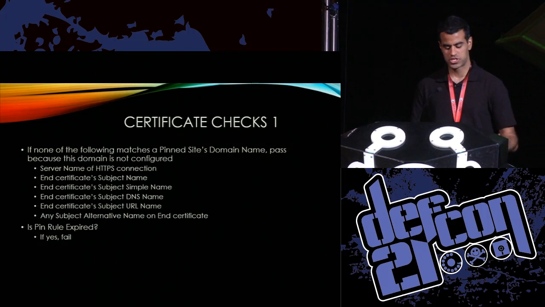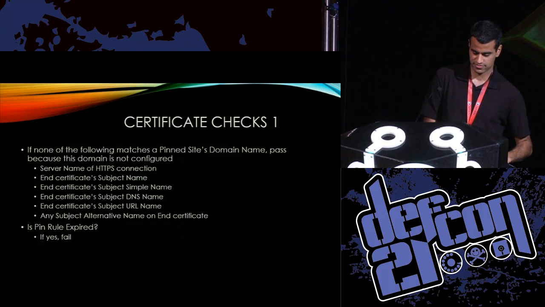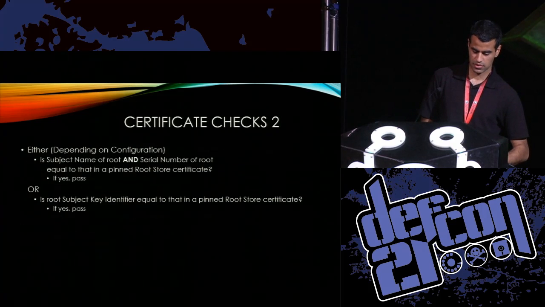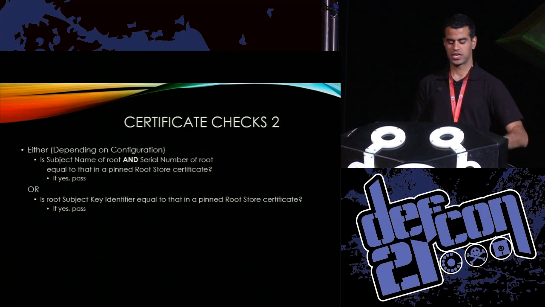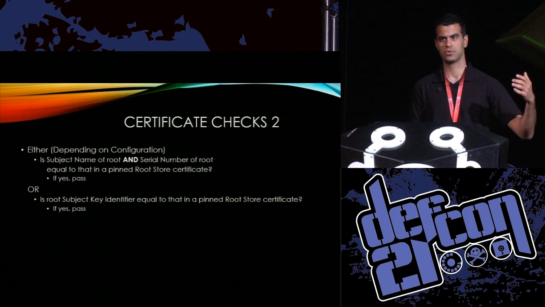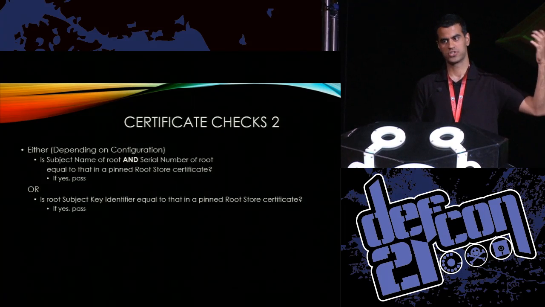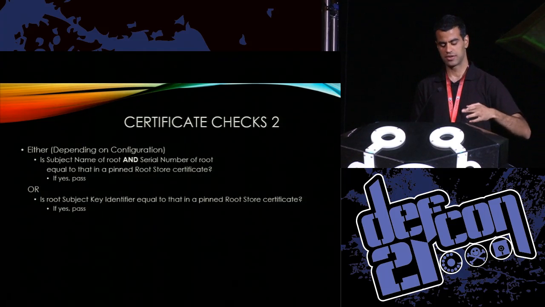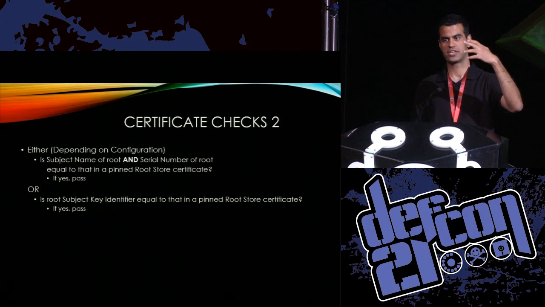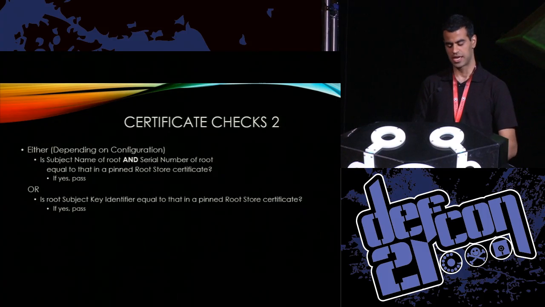Then we check if the pin rule is expired or not, because that expires. Depending on the configuration of that decision I mentioned earlier, pinning to individual certificates or to public keys of certificates, in all cases root certificates, we either check if the public key is a match, or the serial number and the subject name.